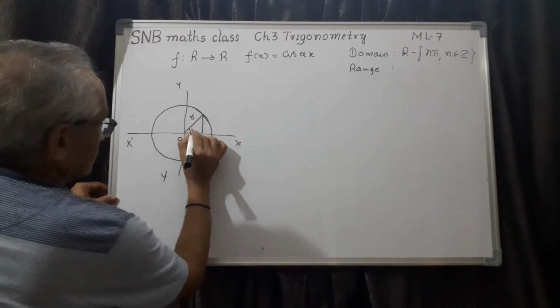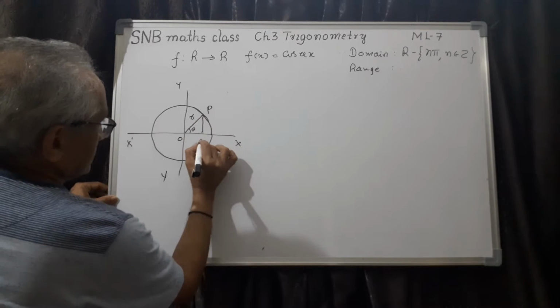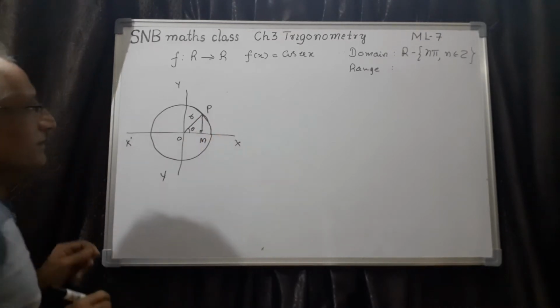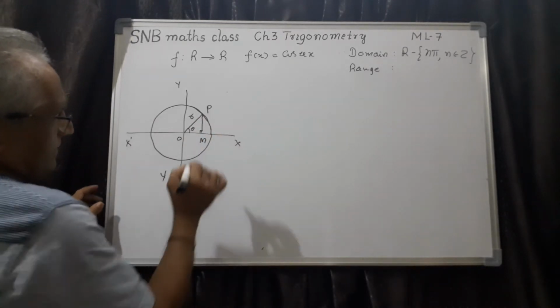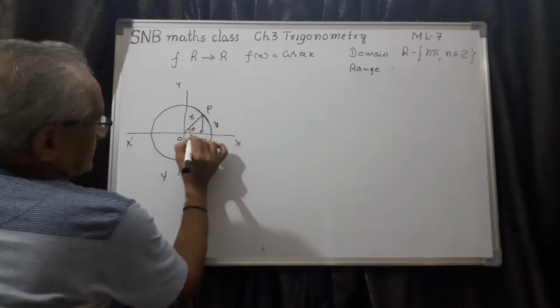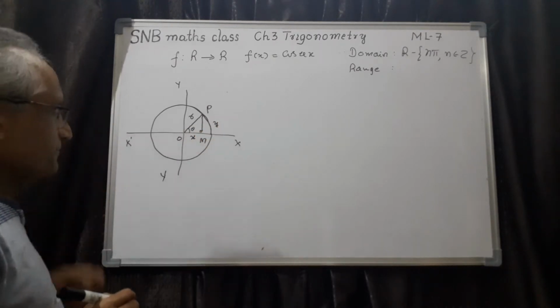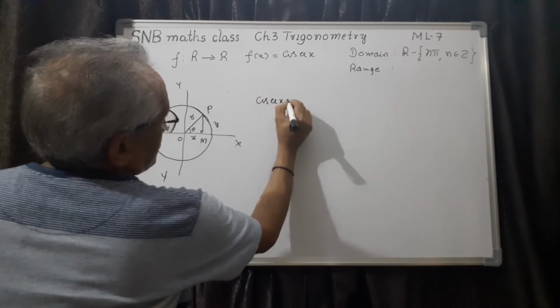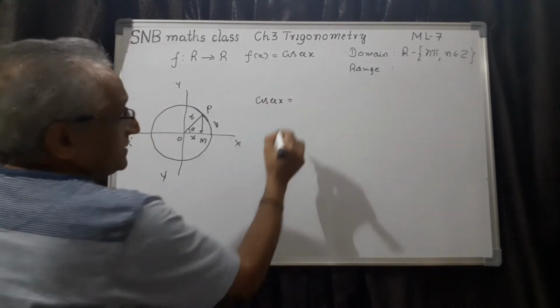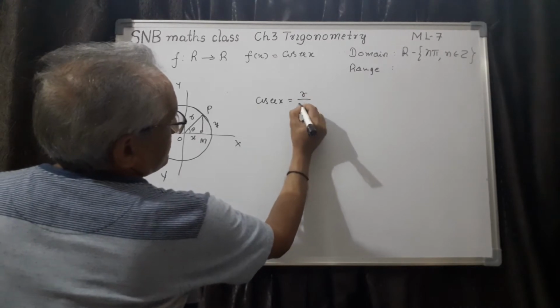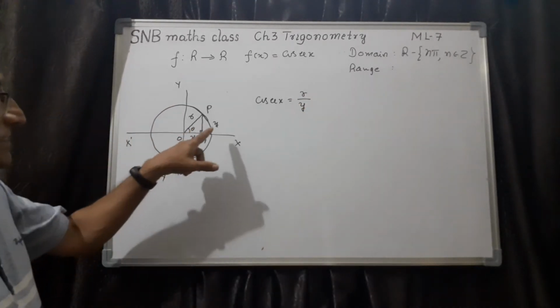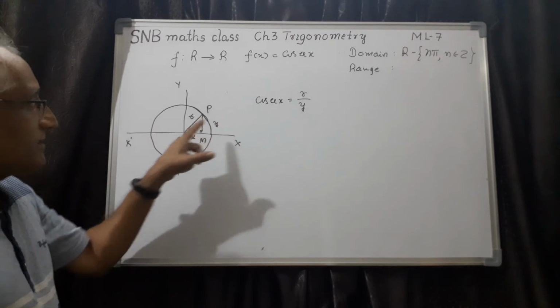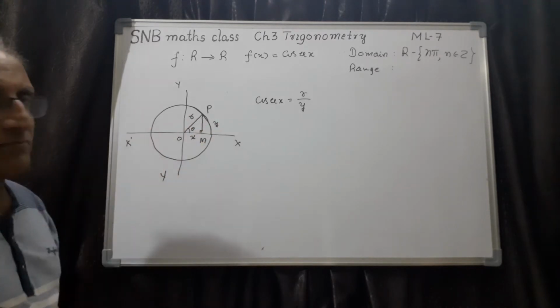This angle is theta, this is P, this is M, all these are common. Now, this side is y, this is x. You know that cosecant theta, by definition, is r divided by y. Sin is opposite by hypotenuse, cosecant is hypotenuse divided by opposite.